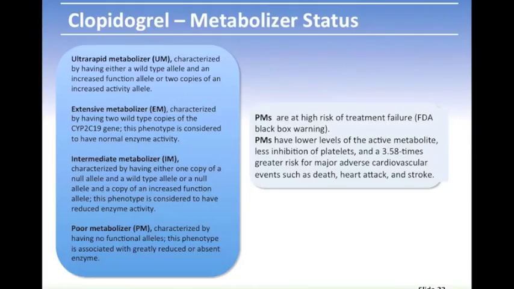So in summary, PMs are at high risk of treatment failure, and this is captured in the FDA black box warning. PMs have lower levels of the active metabolite, less inhibition of platelets, and an approximately 3.5 times greater risk of major adverse cardiovascular events such as death, heart attack, and stroke.